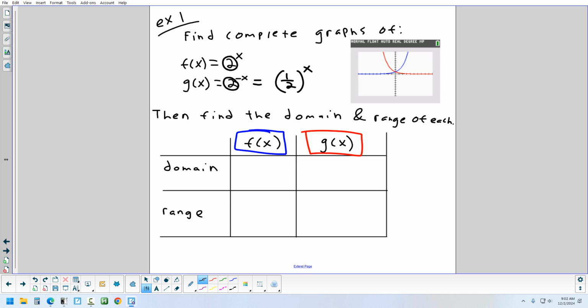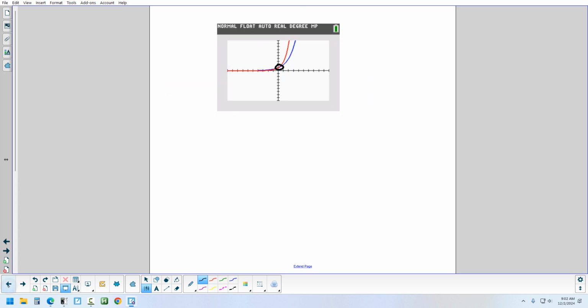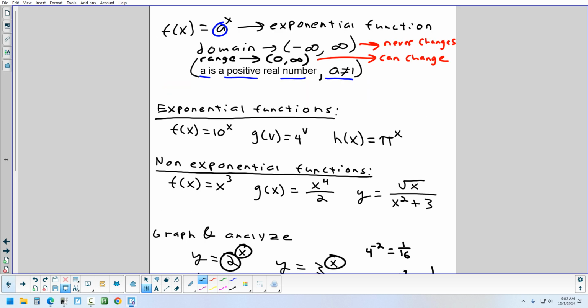How far left and right does the blue one go? Negative infinity to infinity. And how far left and right does the red one go? Negative infinity to infinity. Right. Every exponential function always has a domain of negative infinity to infinity, and that never changes. Doesn't matter if it's growth or decay. Never changes.